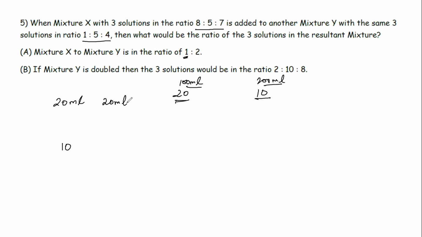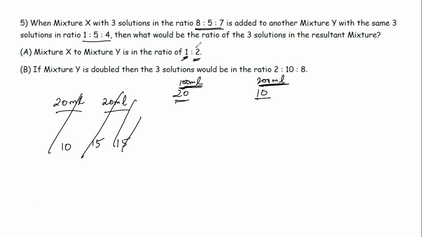And then 5 and 10 parts of this gives us 15, and 7 and 8 parts of this gives us 15. So 20 ml and 20 ml doesn't work. We can't take it as 20 parts and 10 parts and solve it, so we'll have to stick to taking quantities in the ratio of 1 and 2: 100 ml of mixture X and 200 ml of mixture Y. That's how we solve it.